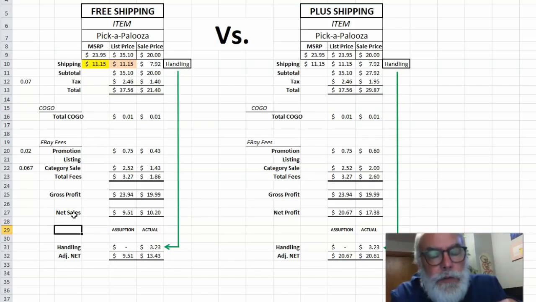We haven't gotten into the bottom line net profit yet because we haven't factored in any numbers that are associated with actually running your business, like buying equipment or buying supplies or your time, or if you do rent a warehouse.